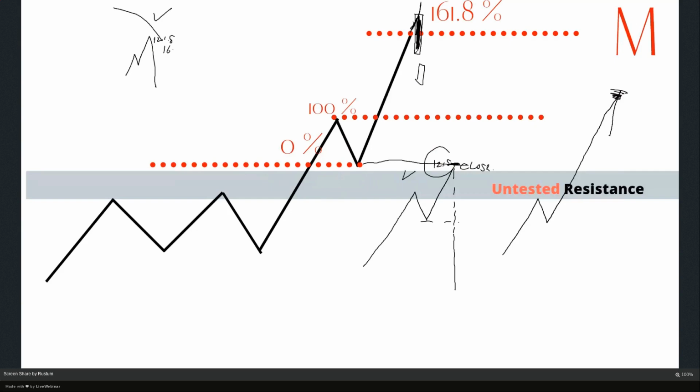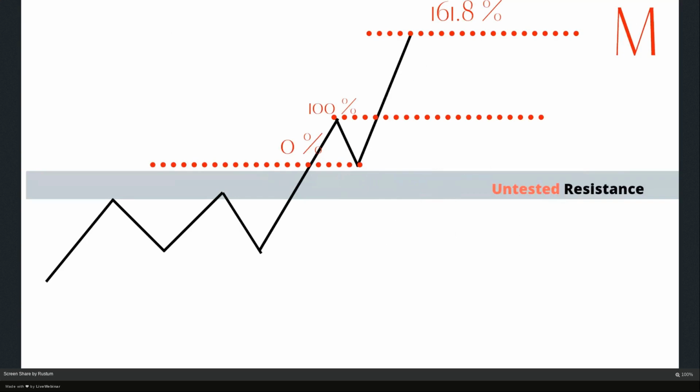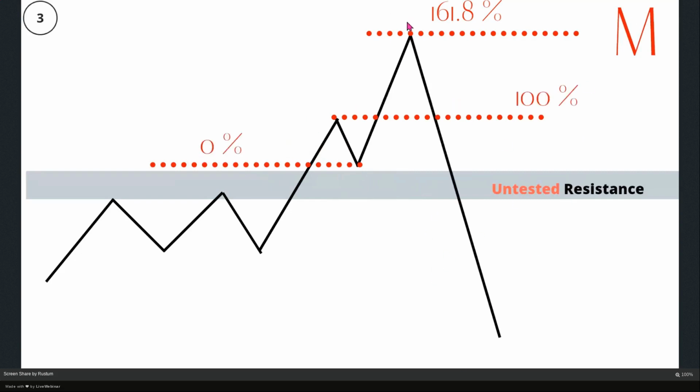So all we're doing is qualifying the M pattern. And then prices come down and break through the midpoint, and as usual you just enter the trade, putting your stop losses above the area.